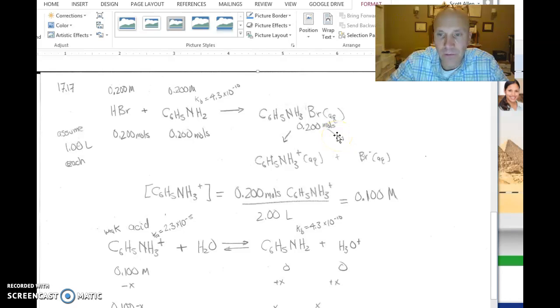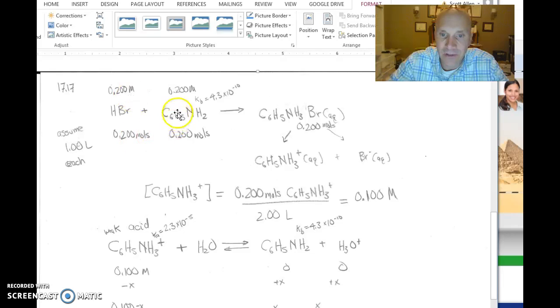The way I went ahead and did this is to say, since we've got the same concentration of both, we could pick any volume. If we had 1 milliliter of this, it would require 1 milliliter of this to neutralize it. I just decided to say, let's say we have 1 liter of the acid solution and 1 liter of the base solution.